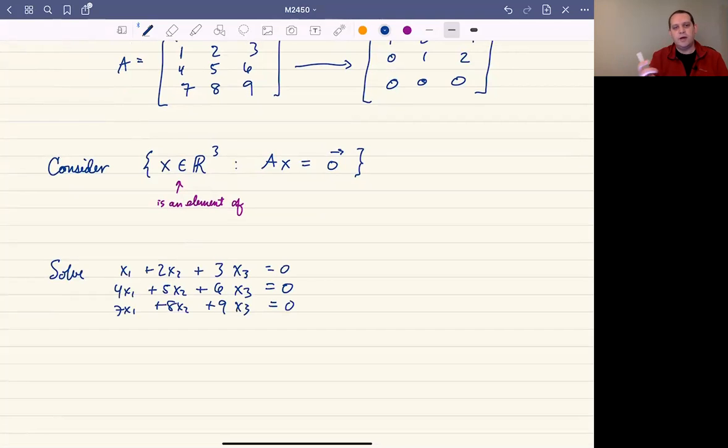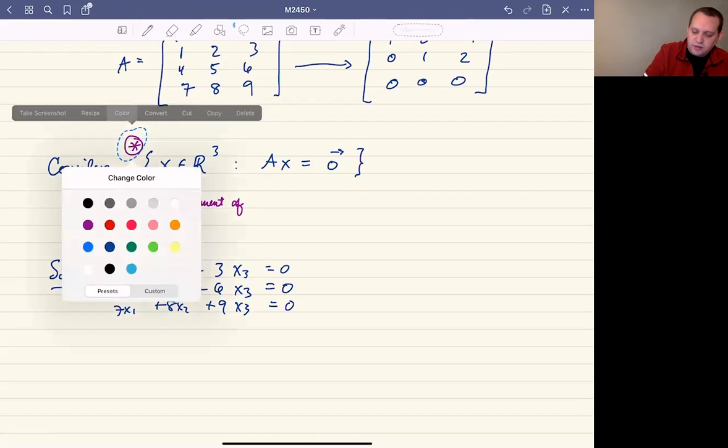So really I'm just kind of going backwards, but we want to look at the set of all the vectors x in R3 where A times x is equal to 0. And again, that's equivalent to solving this. It turns out that this set is going to be very, very important for us. Okay, so that set is going to turn out to be hugely relevant for us.